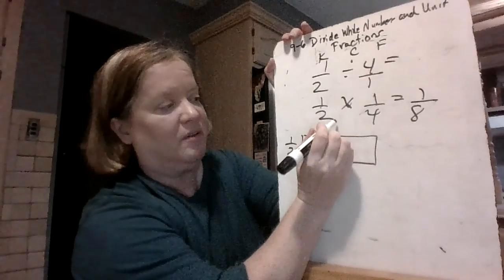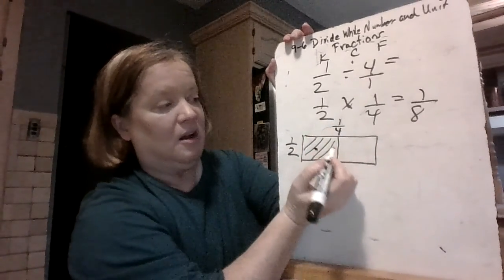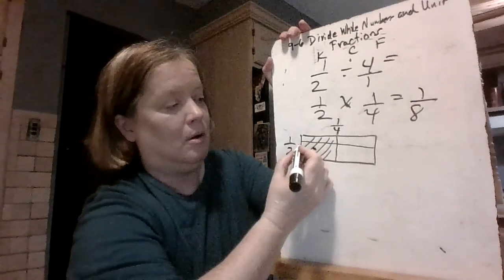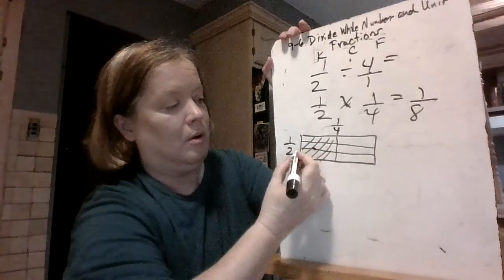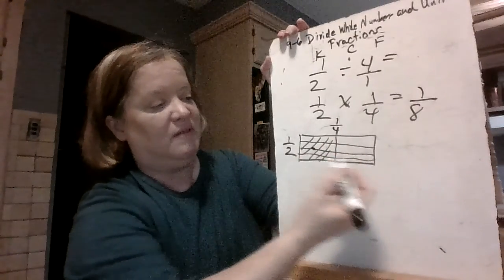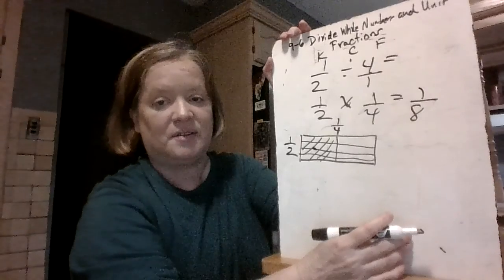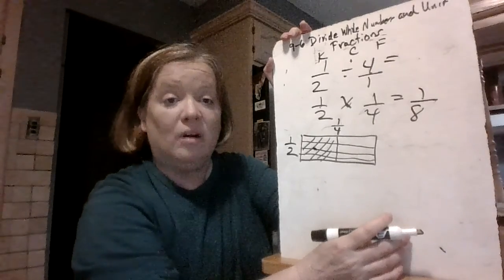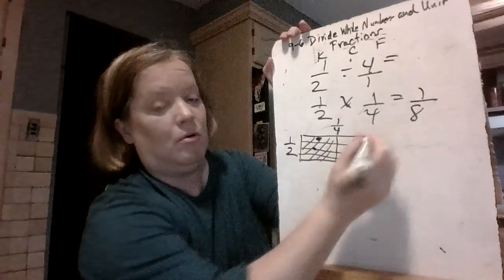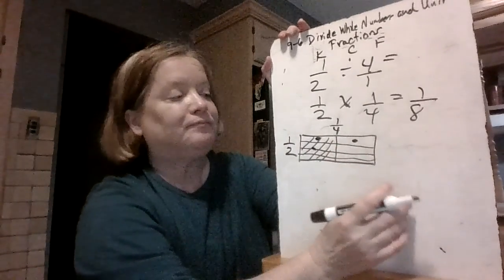I'm going to put 1/4 up here, and I'm going to cut this into fourths by putting 3 lines. 1, 2, 3. So now I've made 1/4, 2/4, 3/4, 4/4. I've cut this into fourths. And I want to dot 1 full fourth. So I'm going to put a dot across 1/4.